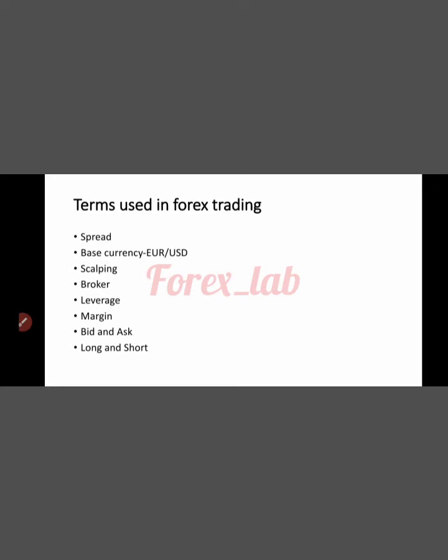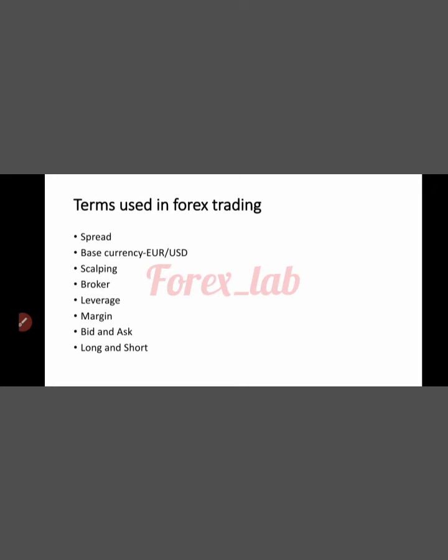But in the case of the example here, Euro USD, Euro is going to be the base currency, where United States dollar USD as the second one is called the quote or counter currency.